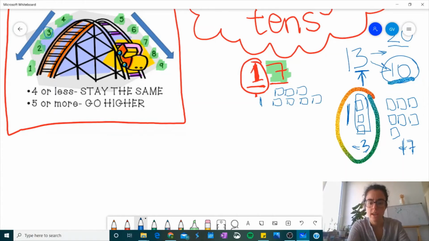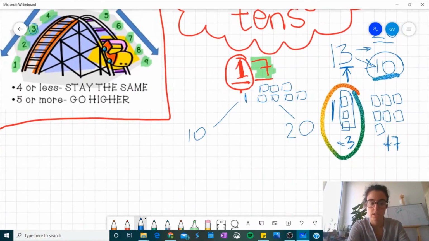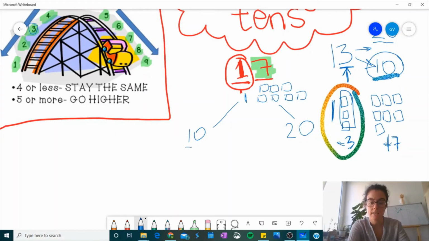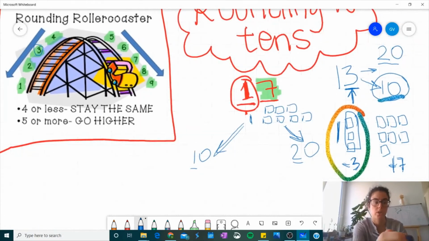Okay, so 17 is in between 10 and 20. If we're rounding to the tens, is it closer to 10 or is it closer to 20? Well, let's look at our roller coaster. Is the number in the ones, this number right here, is it 1, 2, 3, 4? Or is it 5, 6, 7, or 8, or 9?